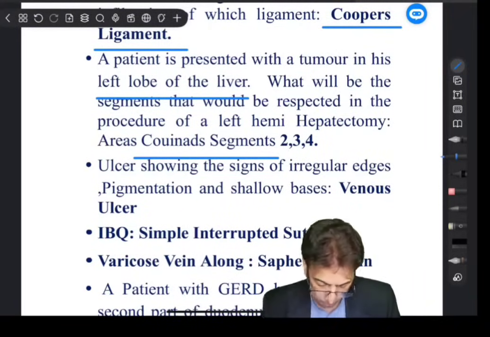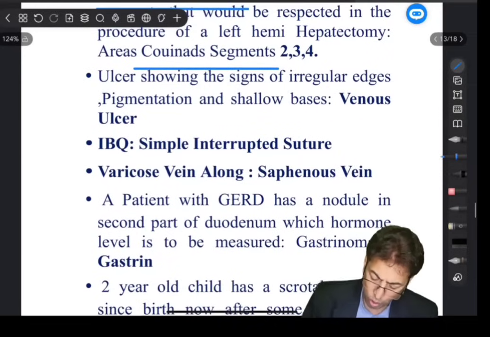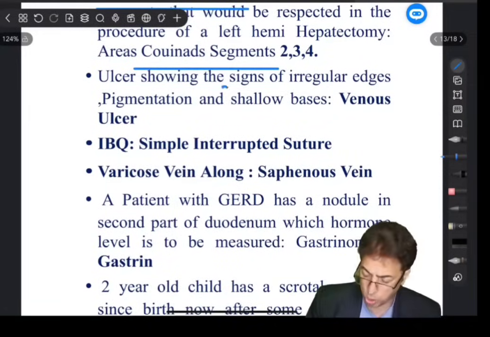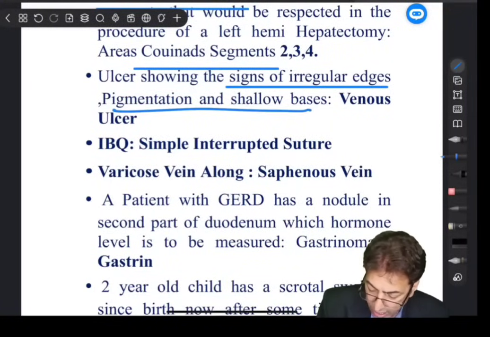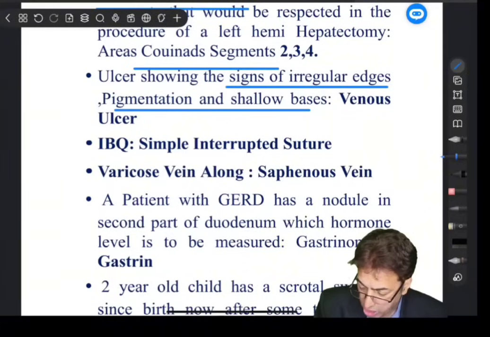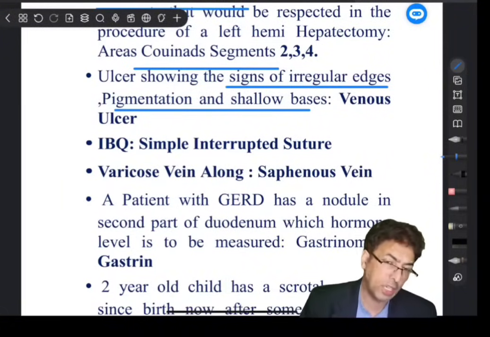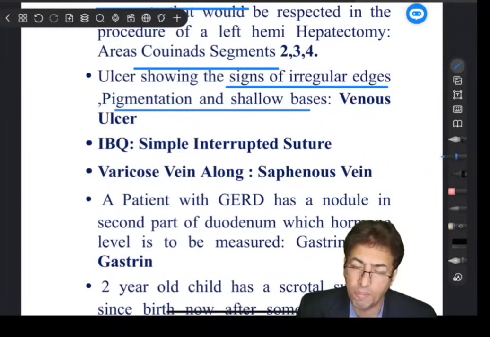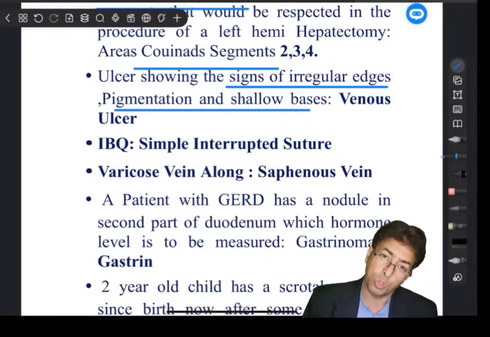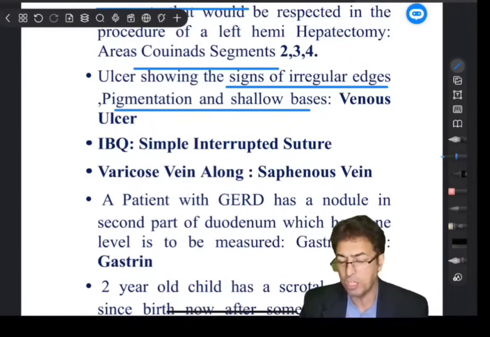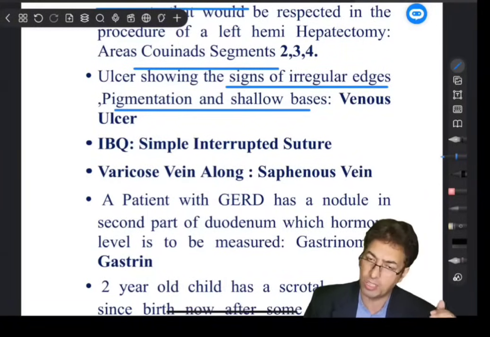So that's important. Then there was an ulcer which was shown, and the ulcer at the site of the lower limb showing signs of irregular edges, pigmentation, and shallow base. So basically you have to remember some of the pathological features of some surgical conditions, and that is very important. So venous ulcers, you have to differentiate between various types of ulcers.